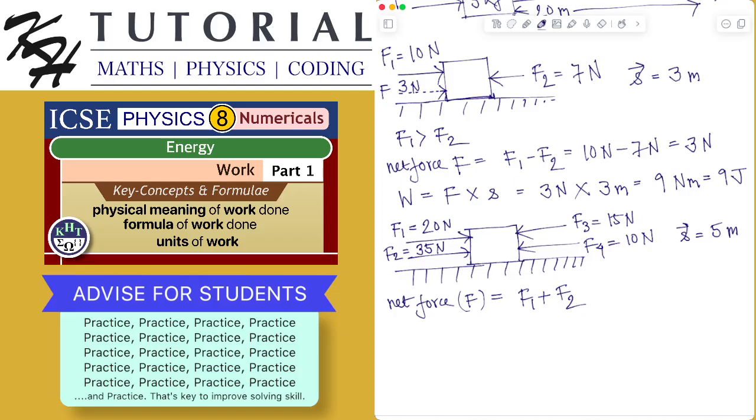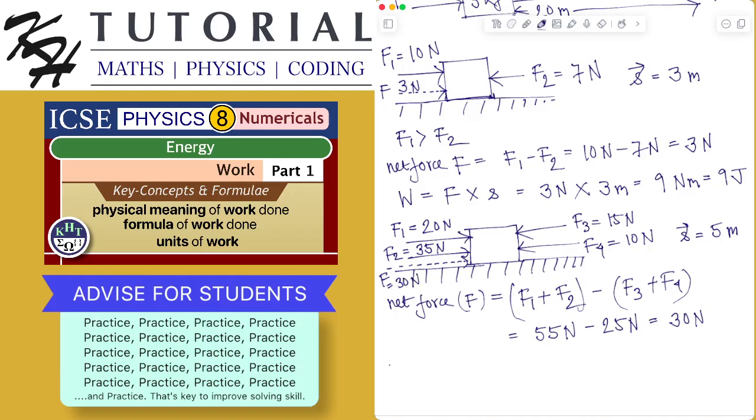Since the force from the left hand side, which is 55 Newton, is more than the force from the right hand side, which is 25 Newton, we will have a net force of 55 Newton minus 25 Newton, which is equal to 30 Newton. Net force of 30 Newton will act on this body from the left hand side.